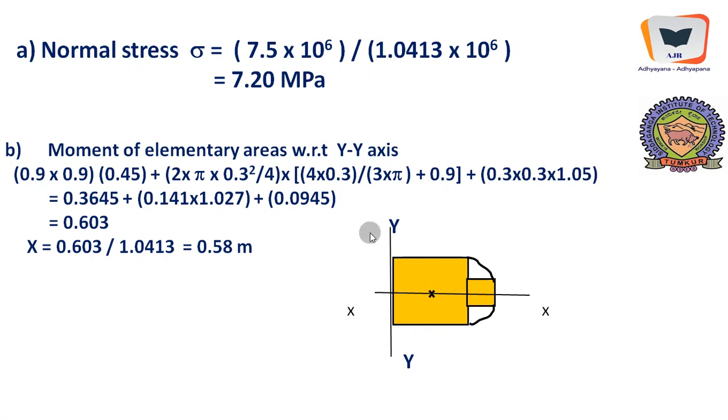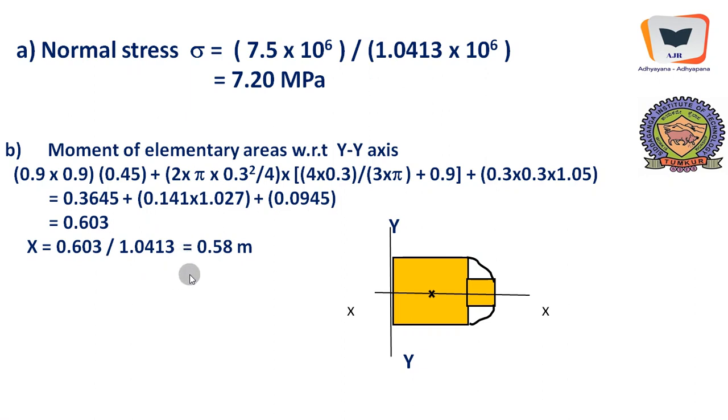So from here till here it is 4r by 3 pi plus 0.9. And as far as this square is concerned, it is 0.3 into 0.3 area, and here till here it is 0.9 plus 0.15. That makes it 1.05, and upon simplification we will get the moment of the elementary areas as 0.603 divided by the total area.